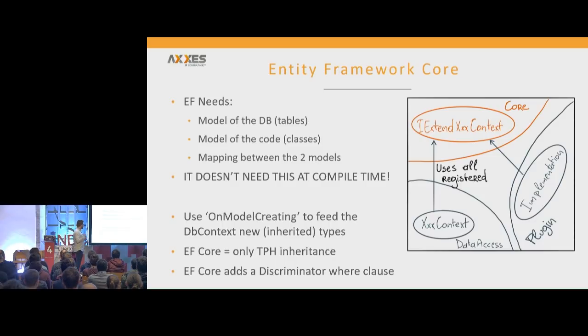The fun thing is that Entity Framework Core automatically adds a where clause for the discriminators. So it will only query all the discriminators that it knows about. It already assumes that there's going to be data in that table that it does not want to see. And that is a very nice thing. Now, it wasn't really hard to extend EF6 to do the same thing, but you get it for free.